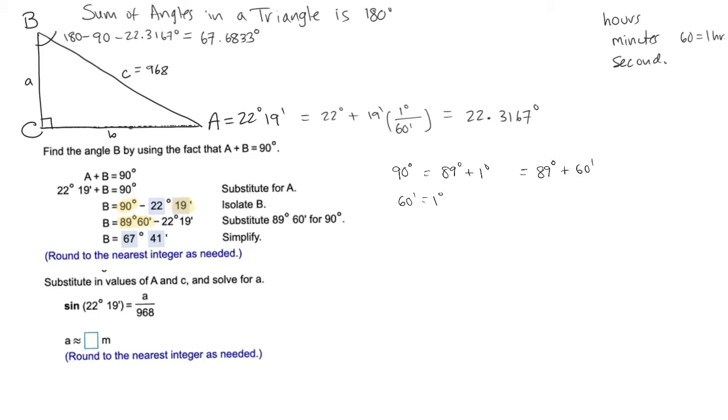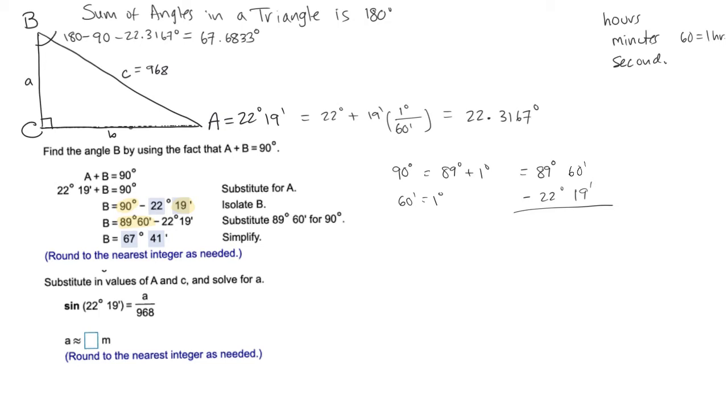The only reason they did that is because they were trying to subtract 22 degrees 19 minutes. So we're basically borrowing degrees so that we have something to subtract that 19 minutes from.